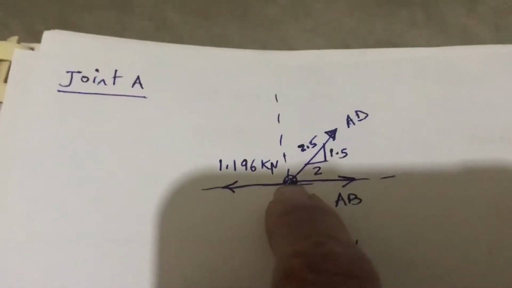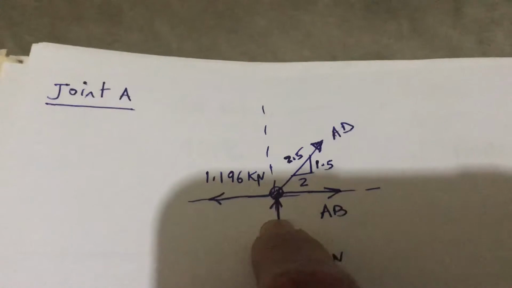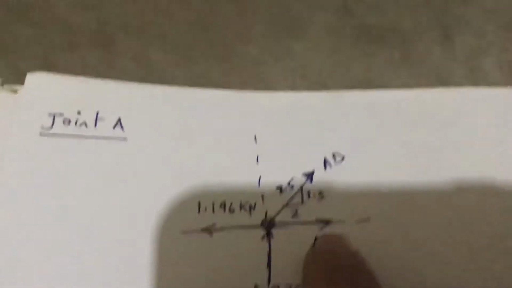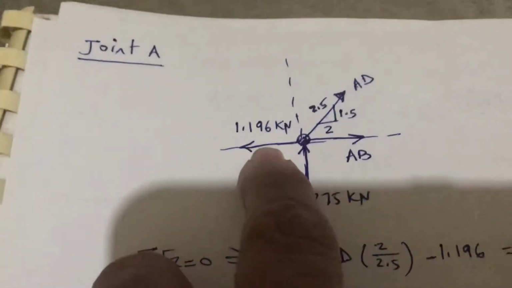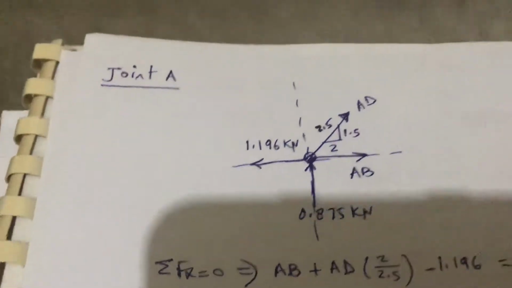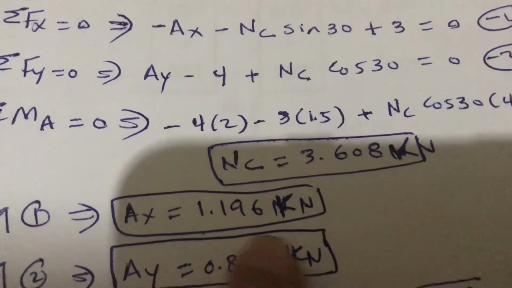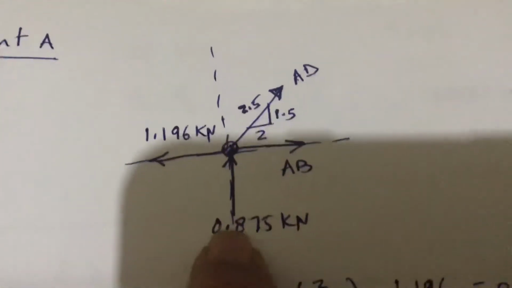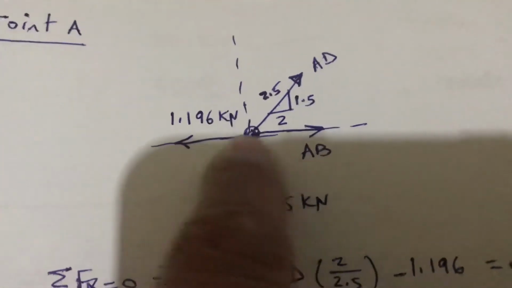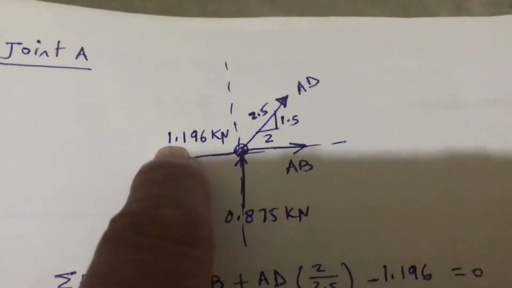And we have force AB. And of course there is AX, 1.196. Remember we found AX from the previous one. AX is 1.196 kilonewton and AY is 0.875 kilonewton. And of course we have everything else here.